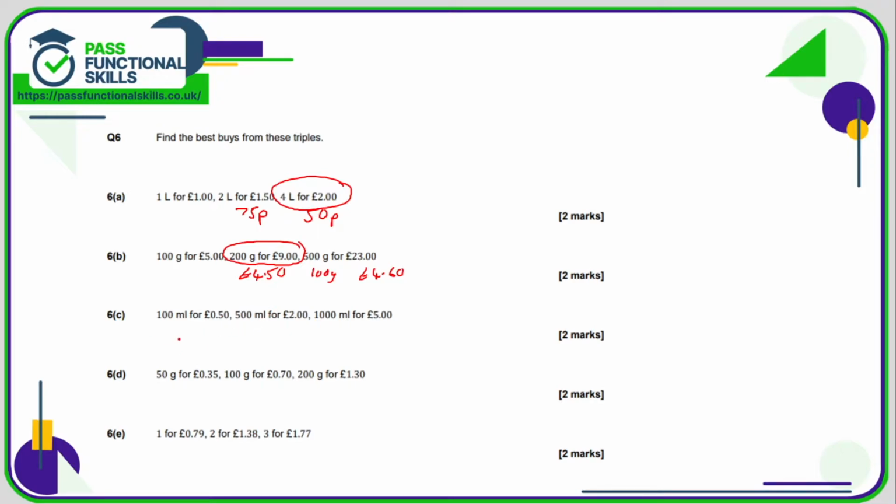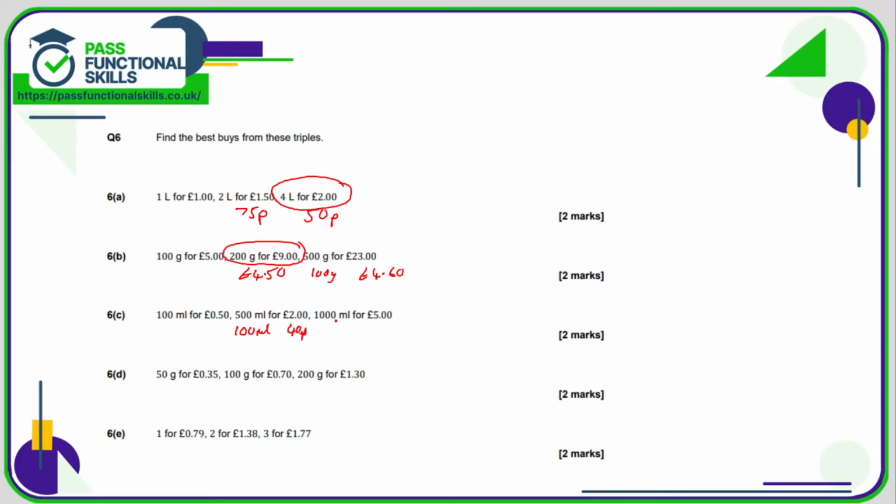For C, I'm going to work out the price. Well, you could work it out for 100 millilitres or 1,000 or 500, it doesn't really matter. I'm going to stick with 100. So if 100 millilitres is 50p, we'll leave that as it is. If 500 millilitres costs £2, then 100 millilitres is 5 times less, so it's going to cost 5 times less, and £2 divided by 5 works out at 40p.